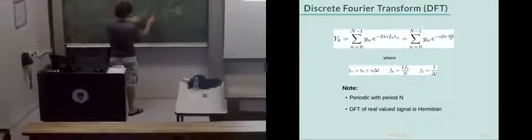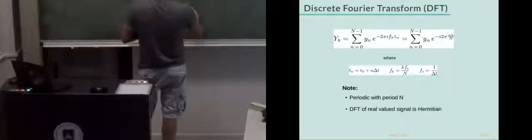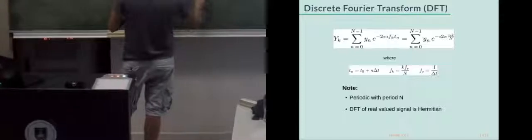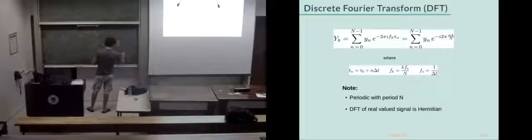What is this? Forget about the other part, but see this thing here: this is cos of 2 pi n, where n is an integer, minus i times the sine of 2 pi n.